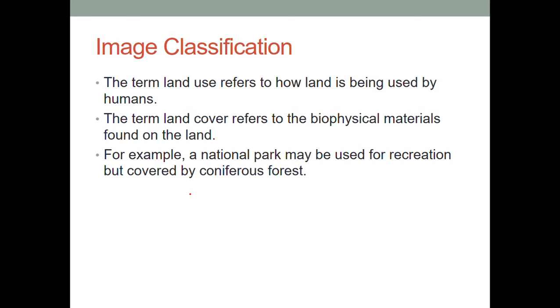For example, a national park used for recreation. So national park will be a land use, how people use the land for recreation. But it is covered with forest. So the land cover is forest, and the land use is a national park. It tells exactly how people make use of the land.